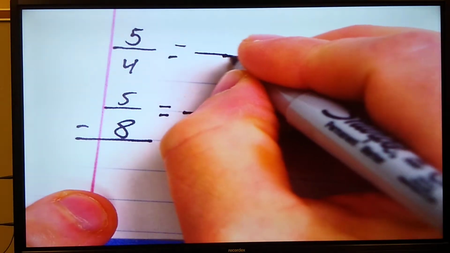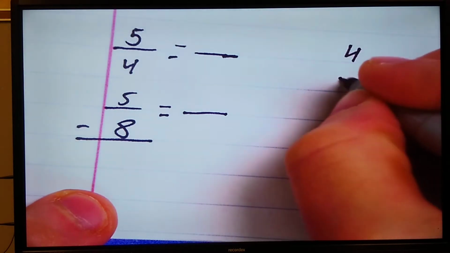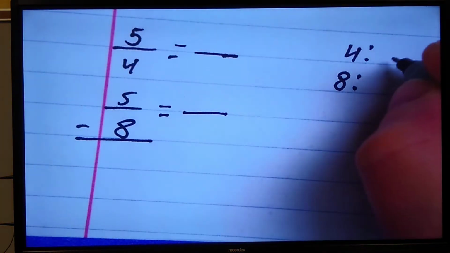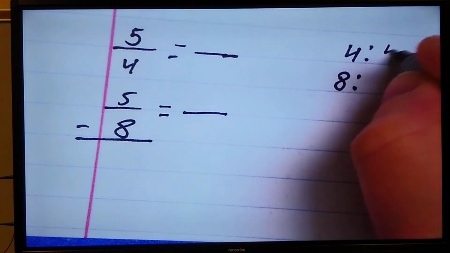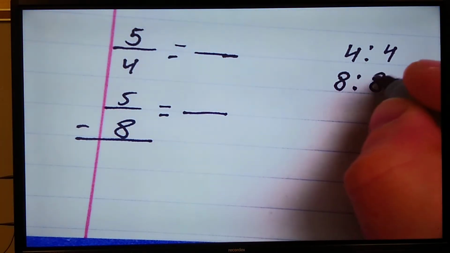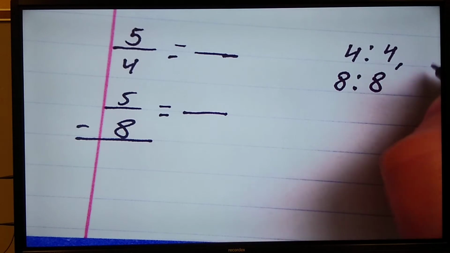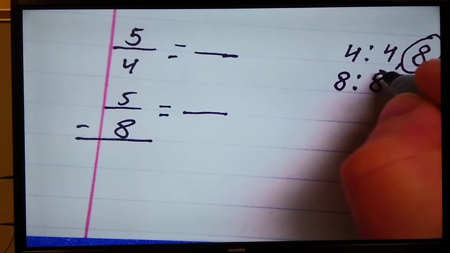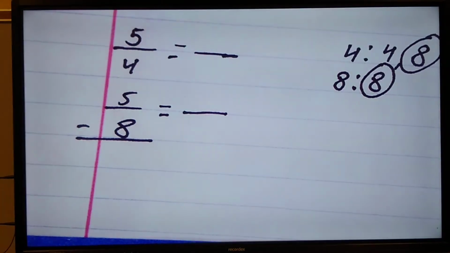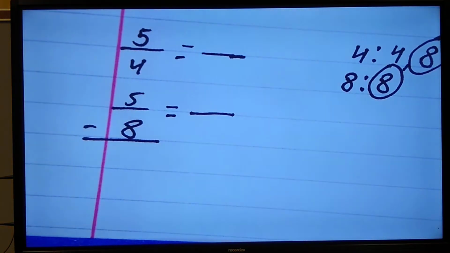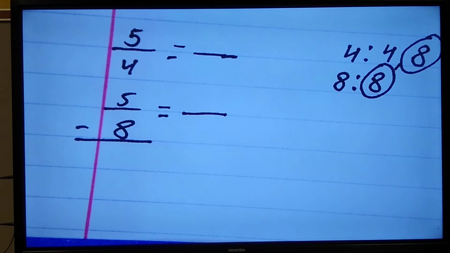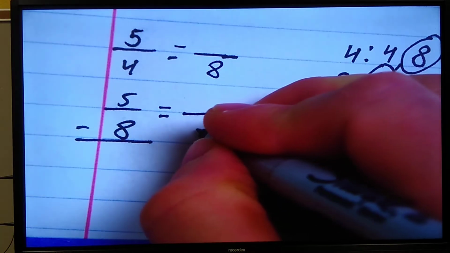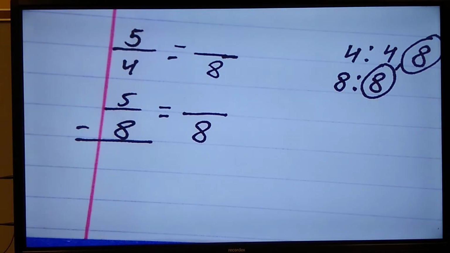So you take your denominators and you find the multiples. 4 times 1 is 4. 8 times 1 is 8. 4 times 2 is 8. Stop, because you have one that is the same. You keep doing that until you find a multiple that is the same. So this 8 becomes the least common denominator.